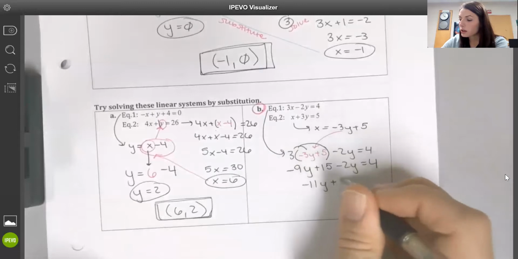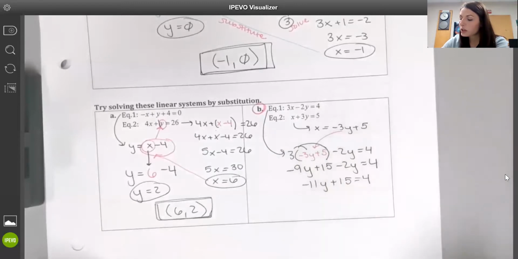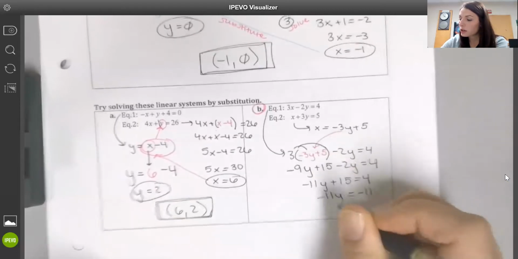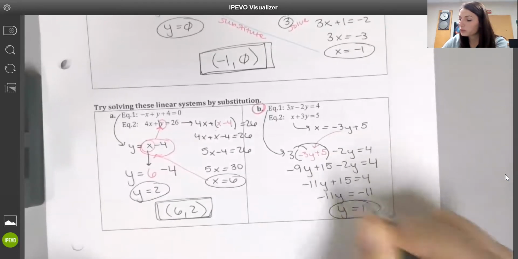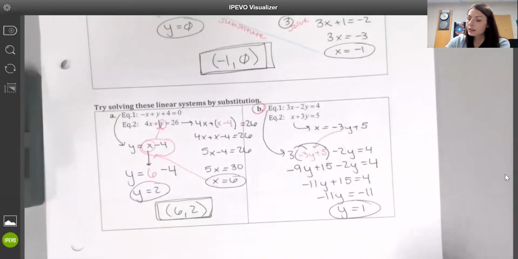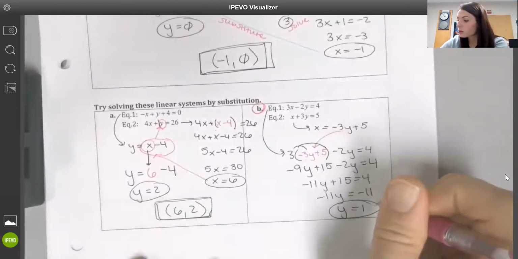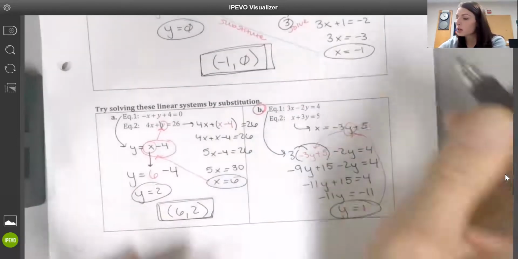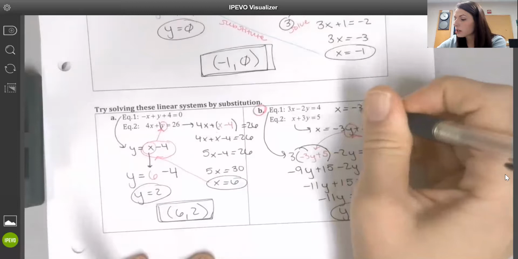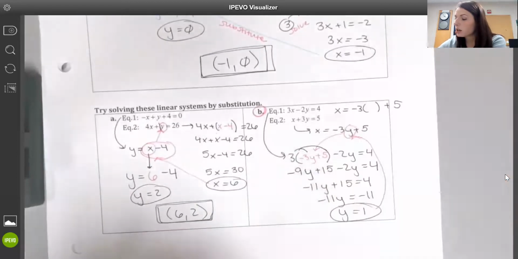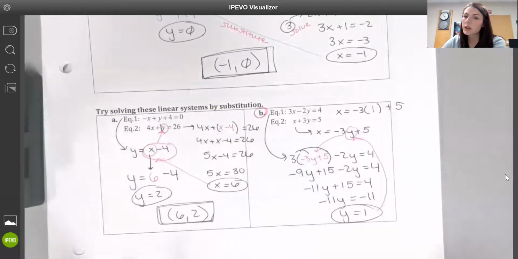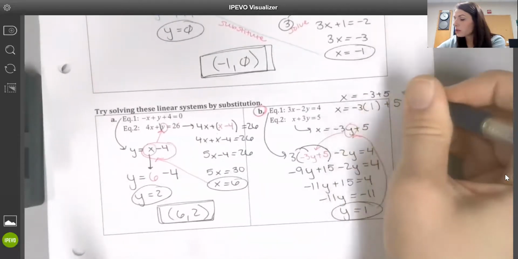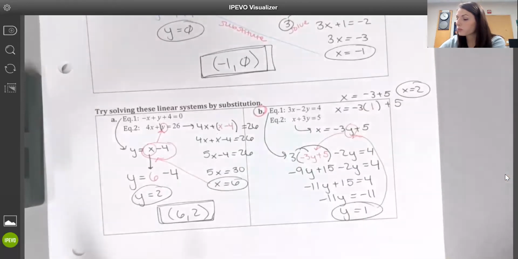So -11y plus 15 equals 4, or -11y equals -11, and y equals 1. To find x, I need to take this y equals 1 and plug it into my x equals equation up here, which would give me x equals -3 times 1 plus 5, or x equals -3 plus 5, and x equals 2.